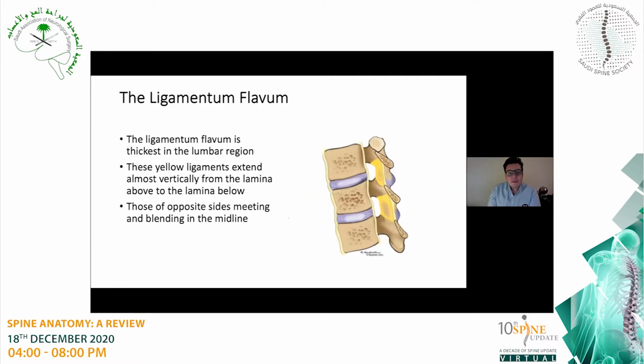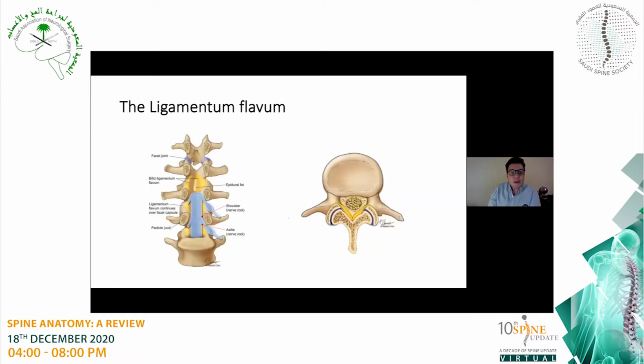The ligamentum flavum is thickest in the lumbar spine, and it connects, as seen in the previous slides of my colleagues, to the laminae, and this runs almost vertically, and it has superior and inferior leaflets. These two sides meet in the mid of the vertebral body and are subjected to buckling and narrowing of the canal.